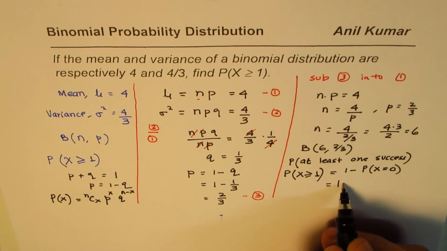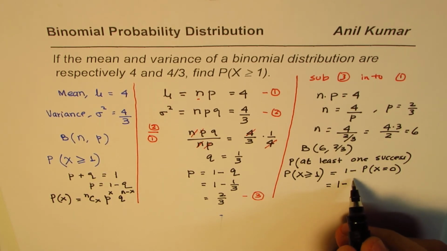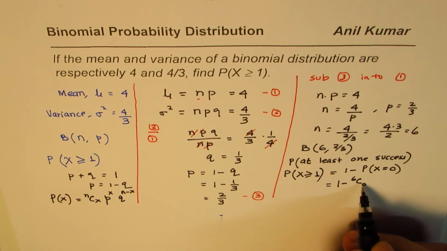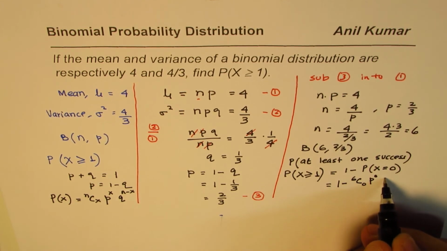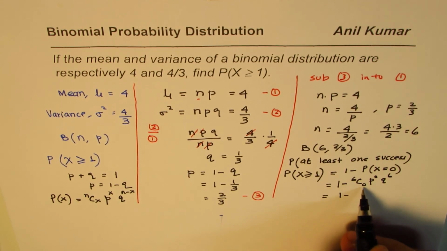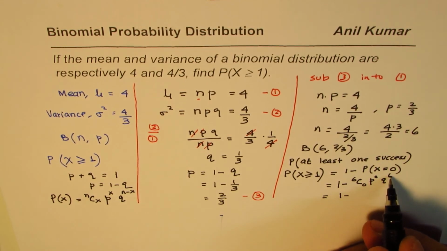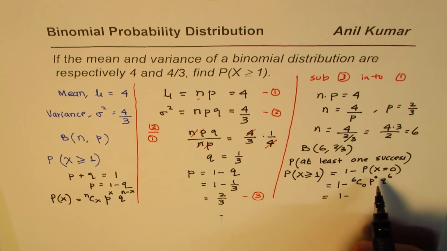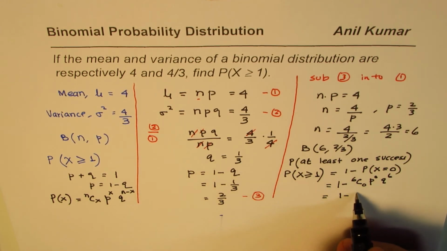Which is equal to 1 minus 6C0, p to the power of 0, q to the power of 6. So which is 1 minus, this is 1, this is 1, q to the power of 6, and q is 1 over 3. So 1 minus 1 over 3 to the power of 6. That is the answer for us.